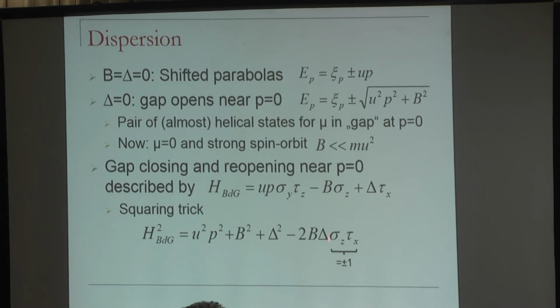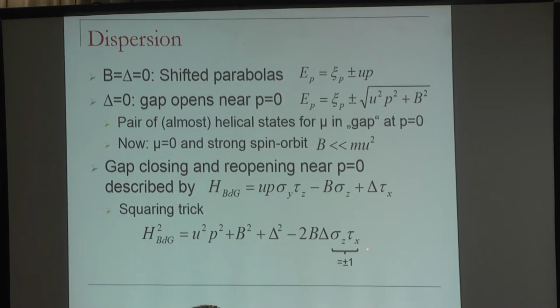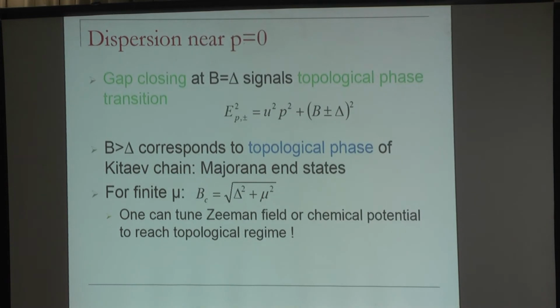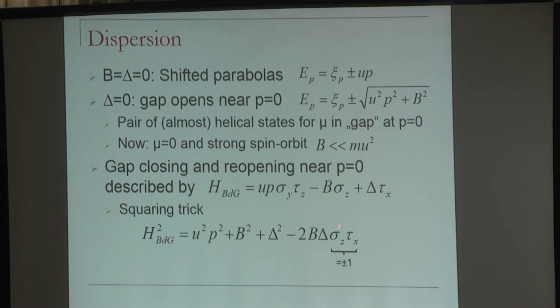And again, this is a conserved quantity, has eigenvalues plus or minus 1. And so this is just a shift in the Hamiltonian. And we can therefore see that the squared eigenenergies are given by e square p plus or minus. That plus or minus is precisely this eigenvalue.